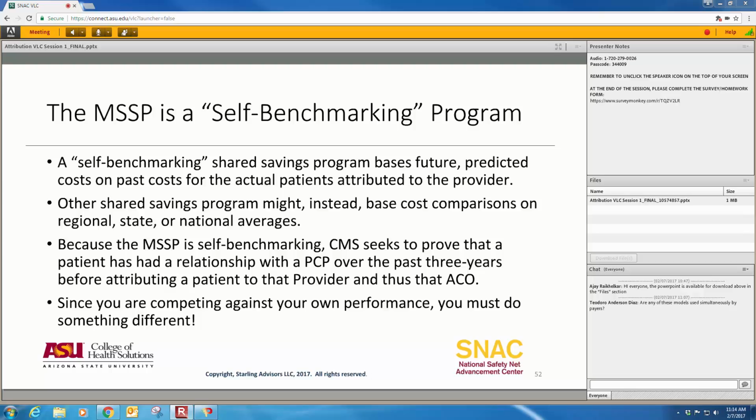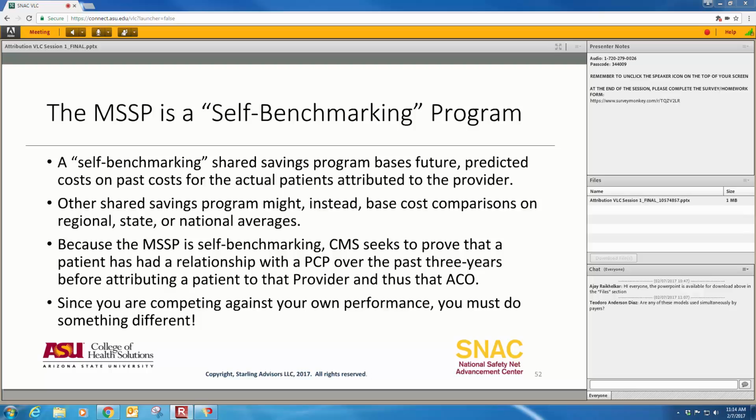As a result, they have to demonstrate that the patient had a historical relationship with that provider. So actually what they do is they look back over 3 years before making a determination as to whether they can make a claim that each individual patient is in fact impacted in the past 3 years by that provider.